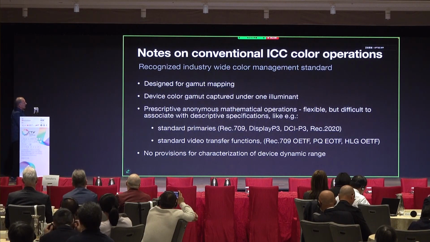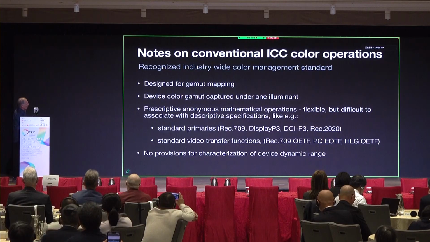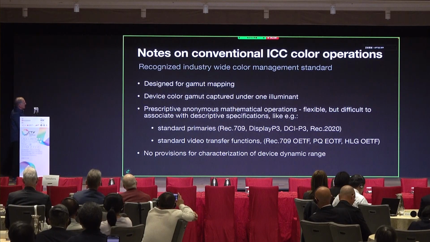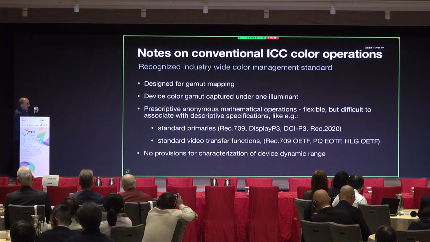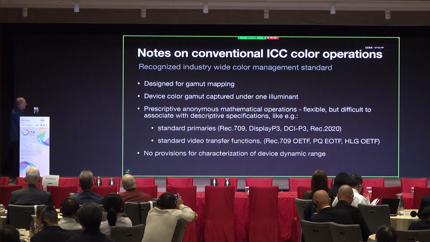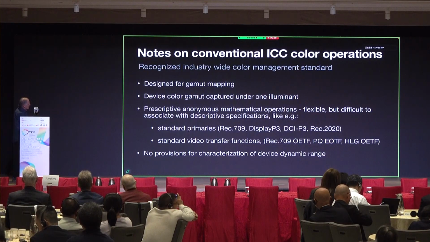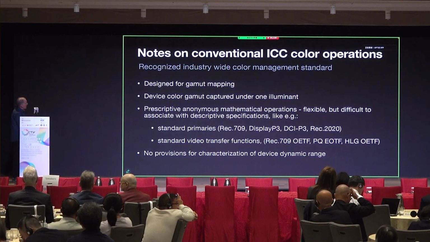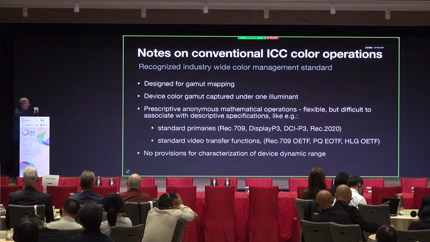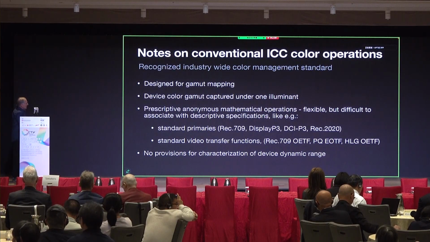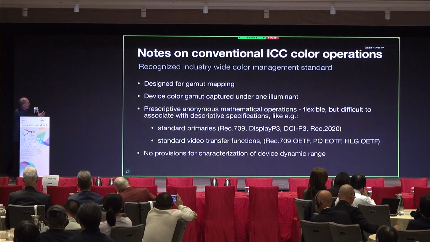So if we think about this original design of ICC, as I mentioned, the main idea was to provide some tools for gamma mapping. The device color gamut is captured under one illuminant.